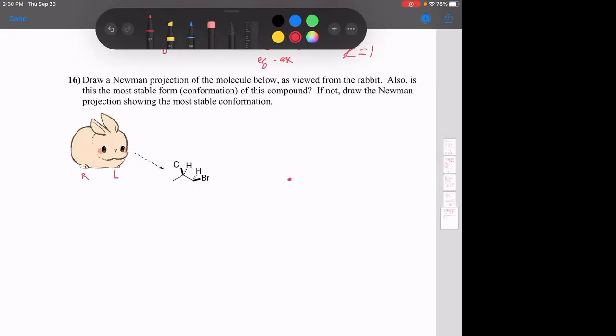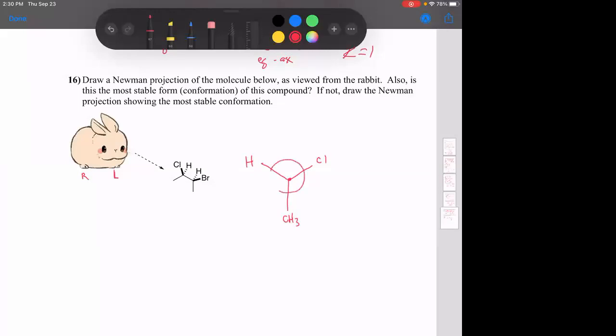So off to his right, okay, is the chlorine, and that is pointing upwards. So the rest of the pieces are going to fall in. Right. So off to his left is hydrogen, and down below his little nose is the CH3. All right. That's a methyl group there at the end.